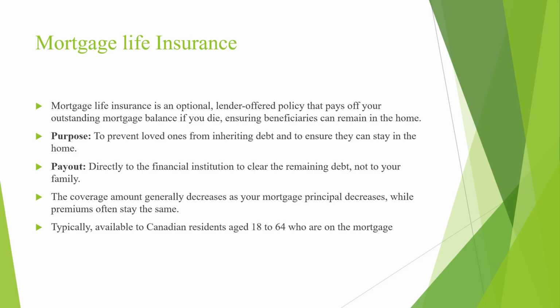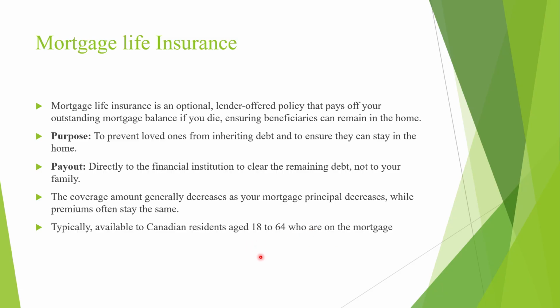Now, who's eligible? What is the eligibility for mortgage life insurance? It's available to Canadian residents at the age of 18 to 64 who are on the mortgage. Mortgage insurance, as the name suggests, is given to a person who has a mortgage, whereas life insurance you can buy at any age, but it's recommended to buy it at the age of 18.